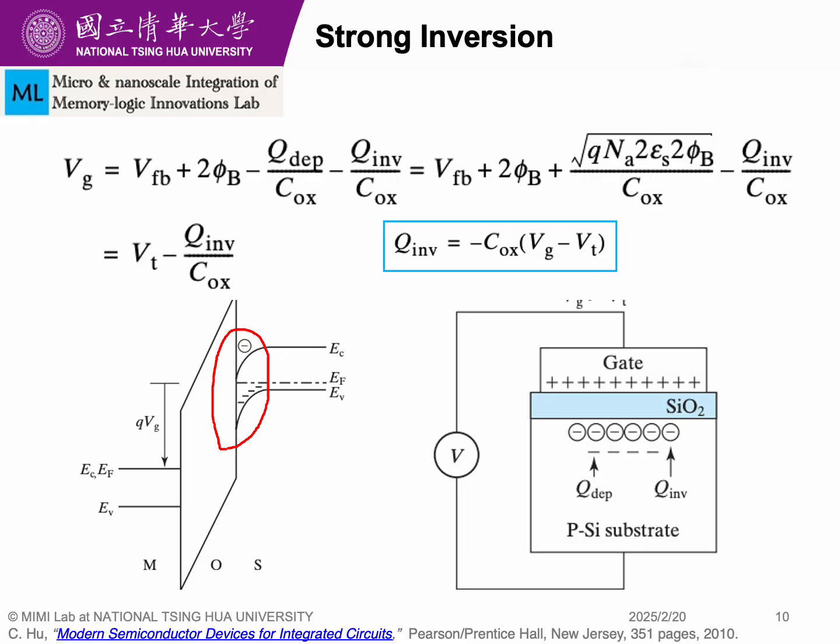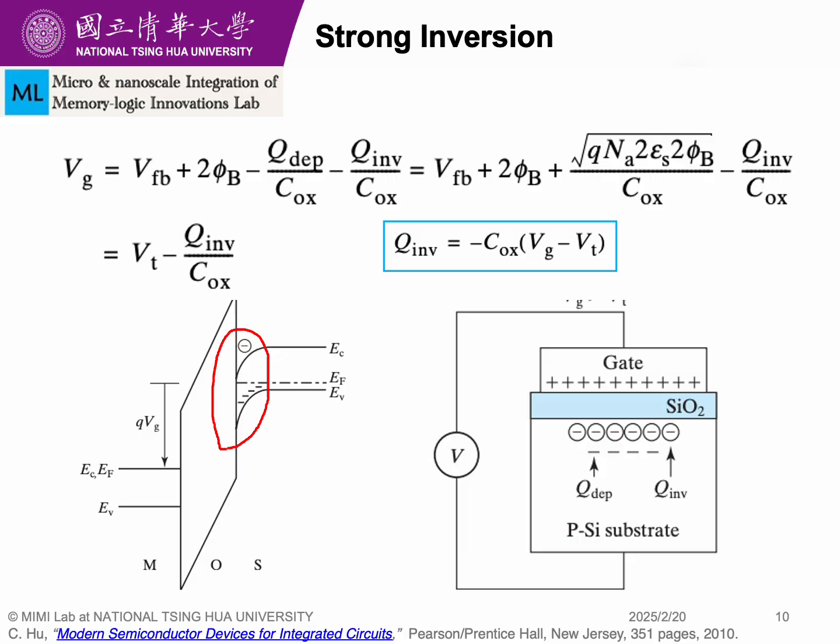If we keep on increasing the voltage beyond inversion, then we will find that even if we increase the voltage by a mere 100 millivolt, we would have a lot of electron concentration, but that really doesn't happen.